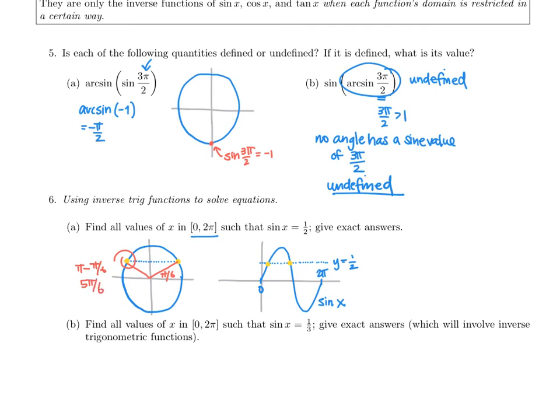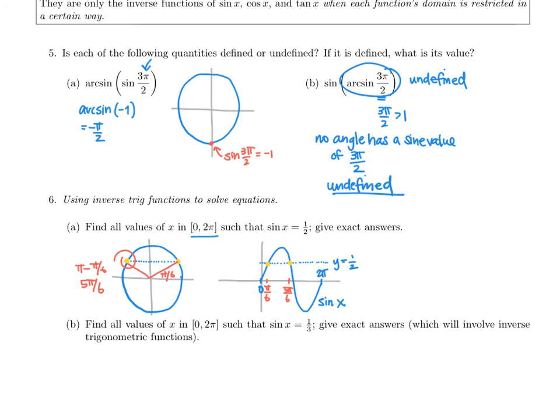That's the simplified form. And so what that's saying is that this right there is pi over 6, and that right there is 5 pi over 6, right? You can also see that sort of like pi and then subtract off the pi over 6 to get to that point right there. So those are our two exact answers.